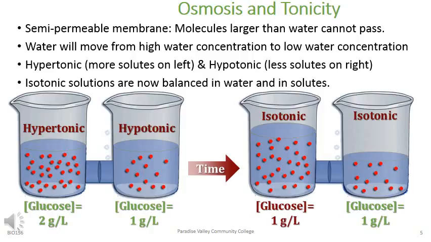When those free water molecules begin to attach to the solutes and you have less water than what you started with, the water on the hypotonic side is going to move through that semi-permeable membrane over to the hypertonic side because it now has a state of high concentration to low concentration.